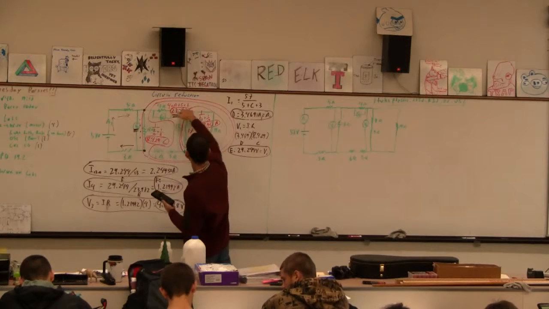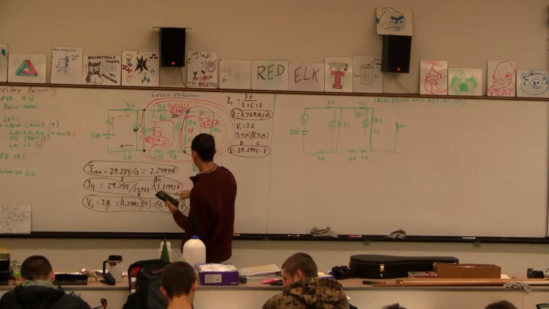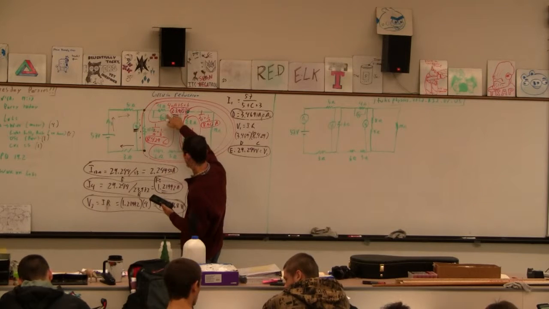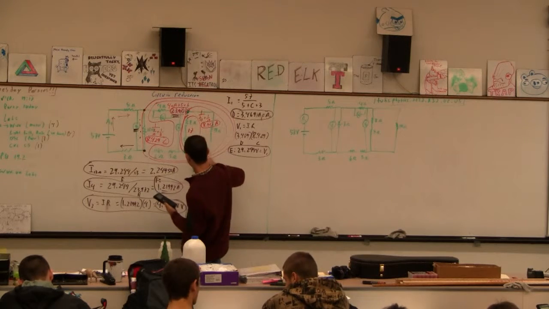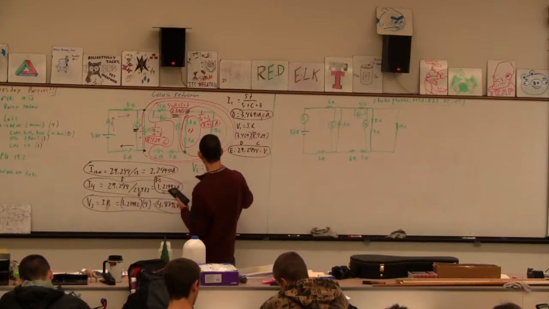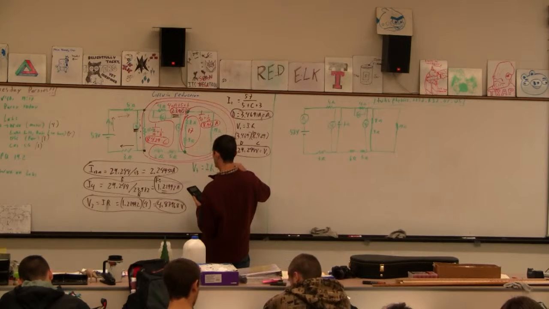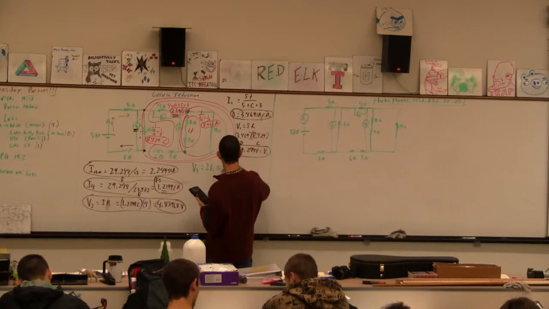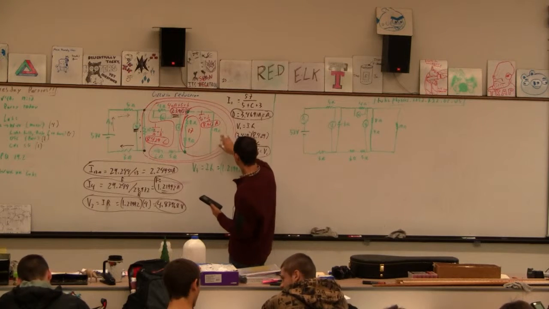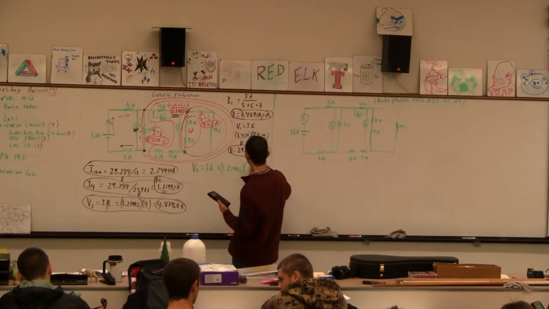The current going this way is the one that goes through the 4 ohm, and also through the 5 and the 6. So it's 1.21992 times that resistance, which is A, 8.972 repeating.